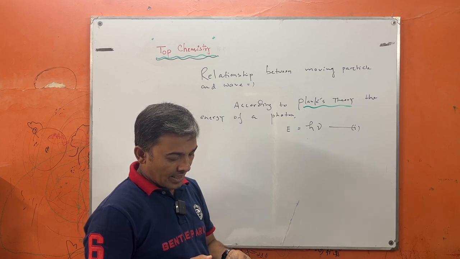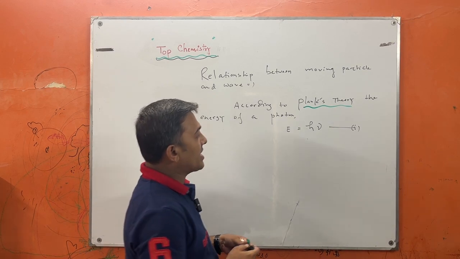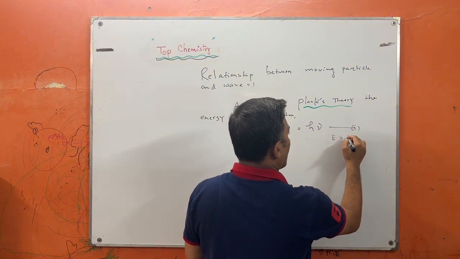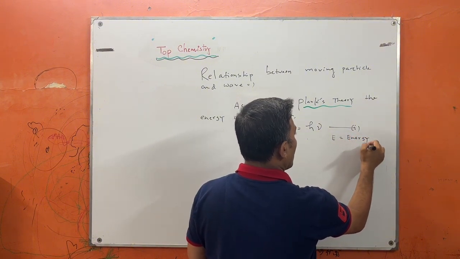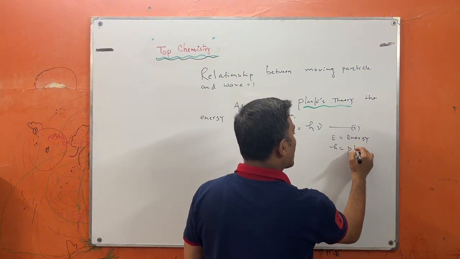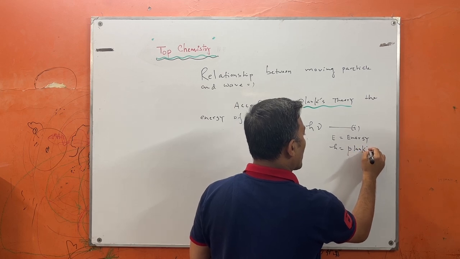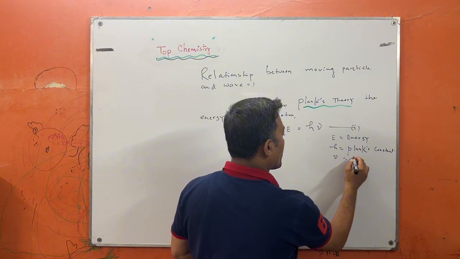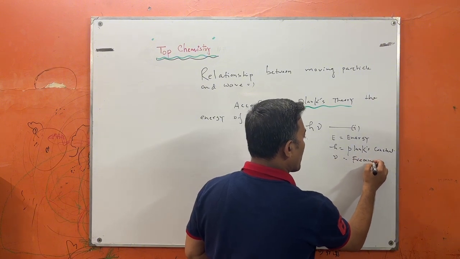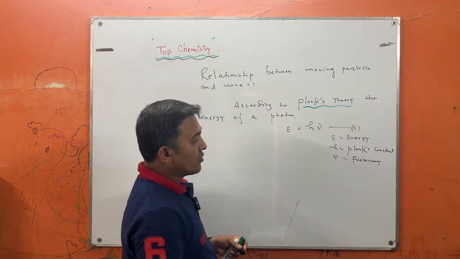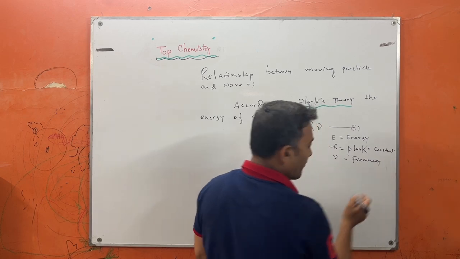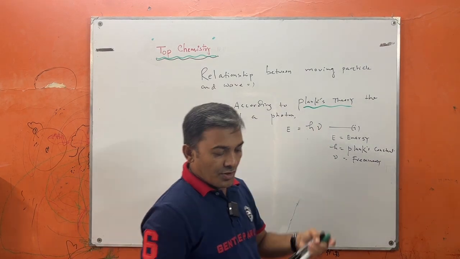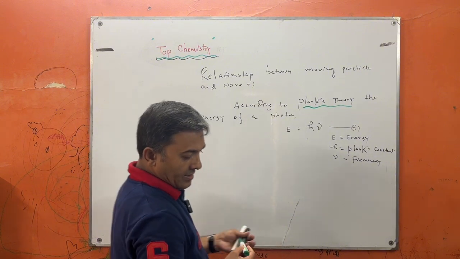Here E equal to energy, h equal to Planck's constant, nu equal to frequency. This is equation number one.